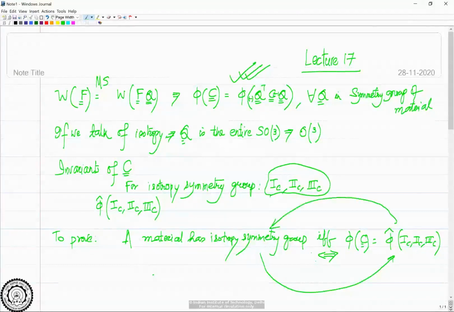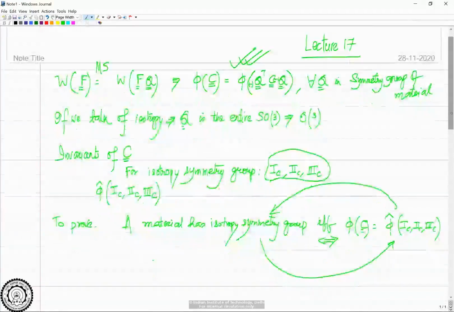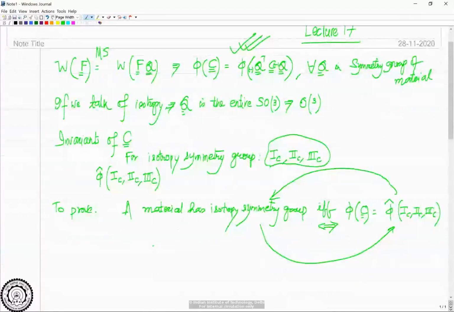So you have to prove both ways. I will not, of course, do that proof here. Once you prove it, then only you can say that phi of C is equal to phi hat of I C, II C, III C.